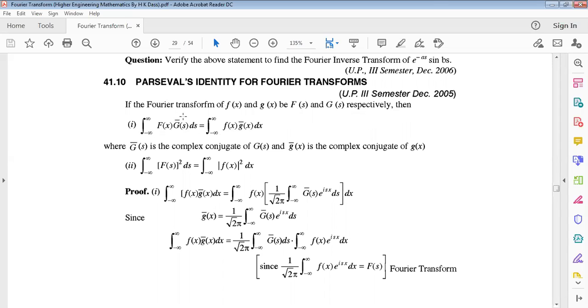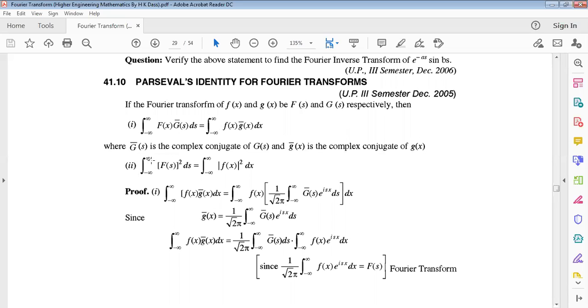Actually, this is the complex conjugate of the Fourier transform of g(s), and this is the complex conjugate of the function g(x). Here g bar(x) is the complex conjugate of small g(x).